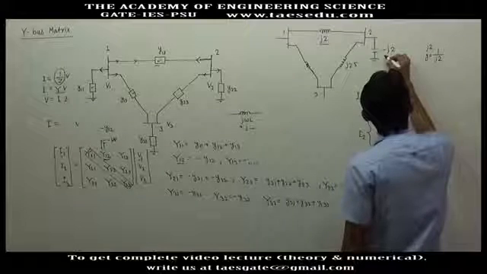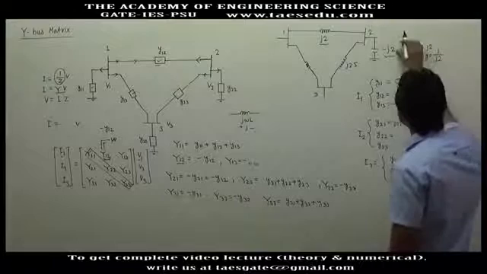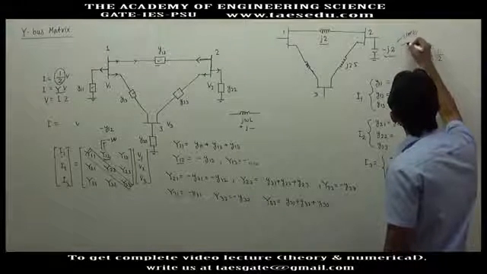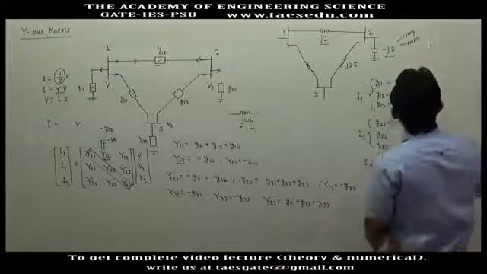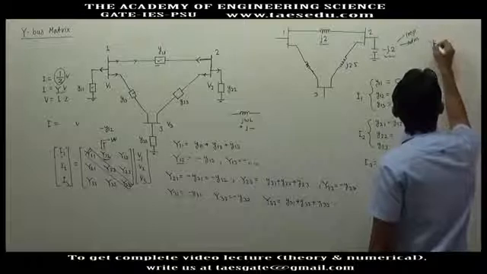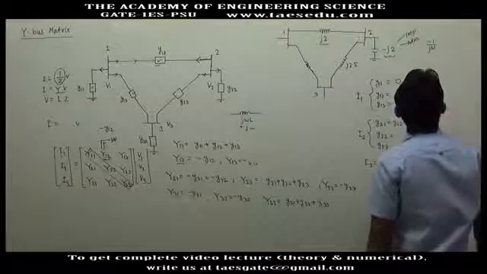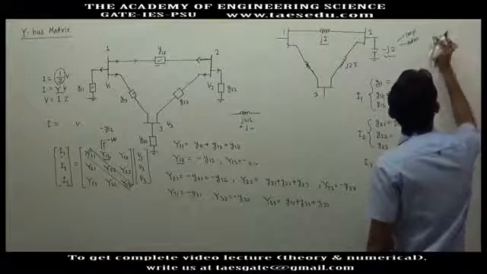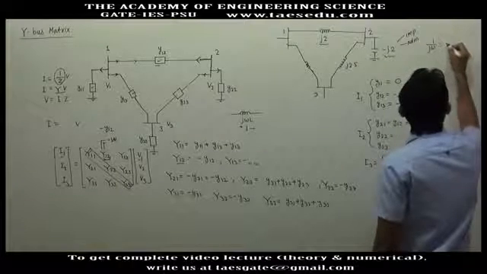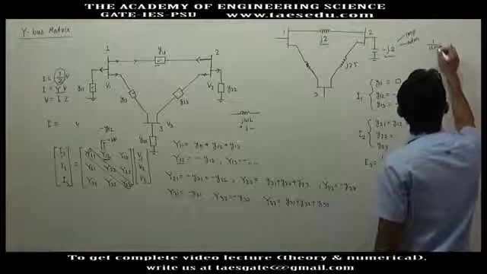So here we are given minus j2. So what will this be, an impedance or admittance? For a capacitor, the impedance is 1 by j omega c.